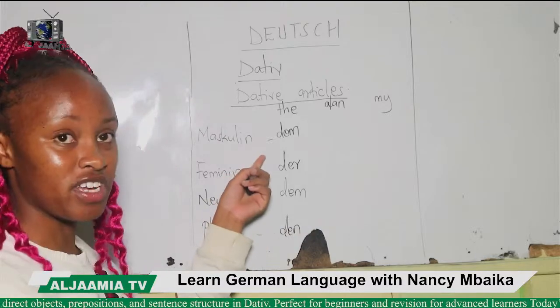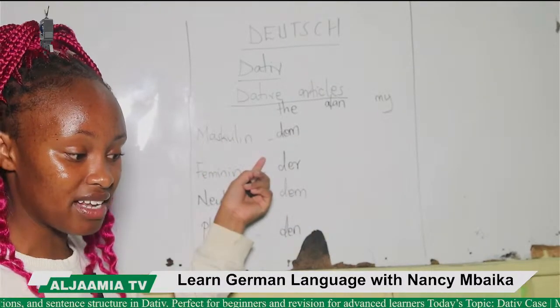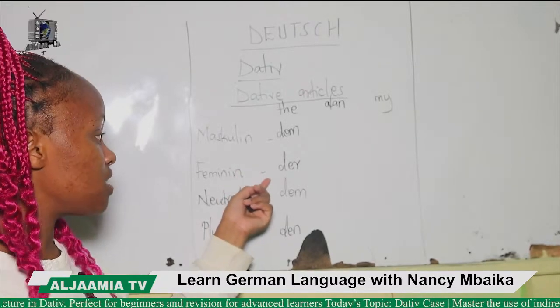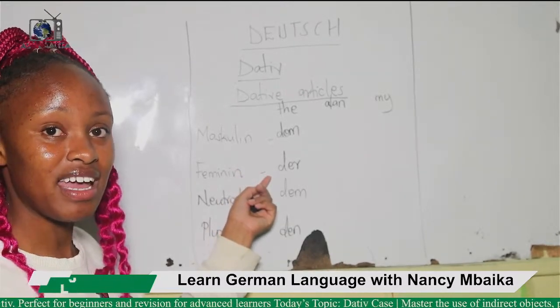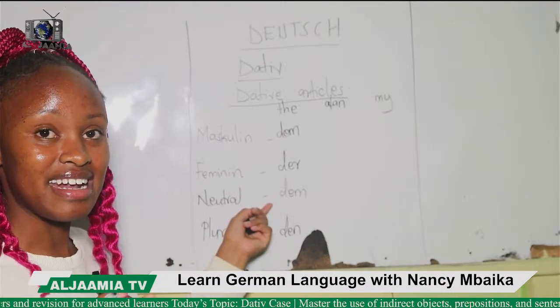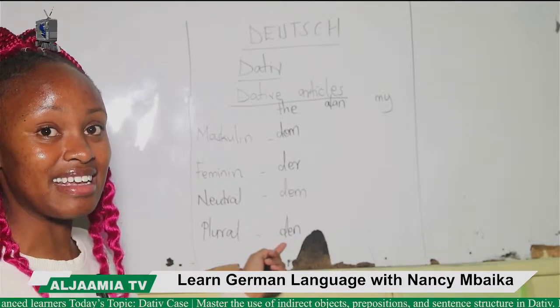So for example, if you're saying the man, and maybe he's an indirect object, you're going to say dem Mann. If you want to say the woman, you're going to say der Frau. If you want to say the child, you're going to say dem Kind. And if you want to say the children, you're going to say den Kindern.